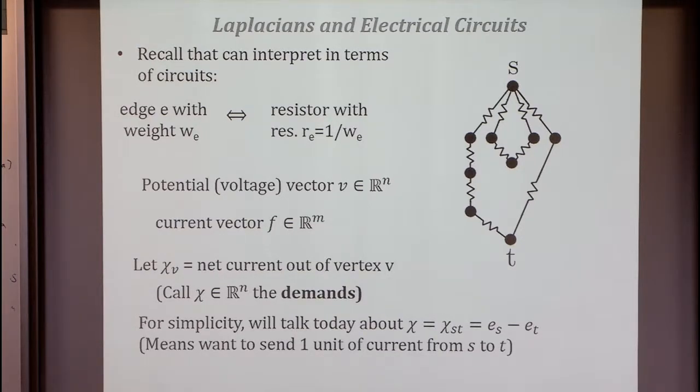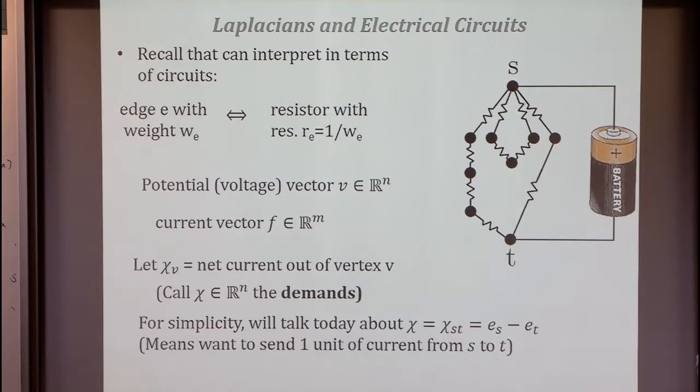You can think of that as solving Lx equals a vector that's got a 1, a negative 1, and a whole bunch of zeros. Nothing I do today is going to have any dependence on that, other than it makes the electrical analogy a little clearer when I draw my pictures. Everything is linear, so if it works for that, it's forced to work for everything else, but it'll make it a little cleaner to draw.